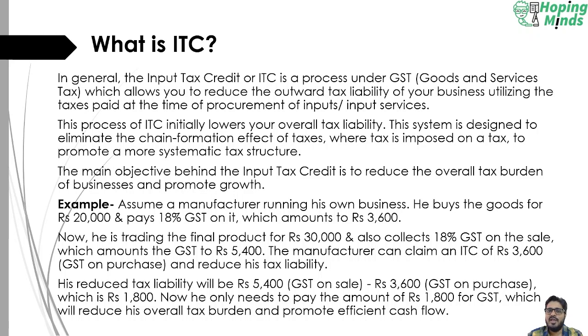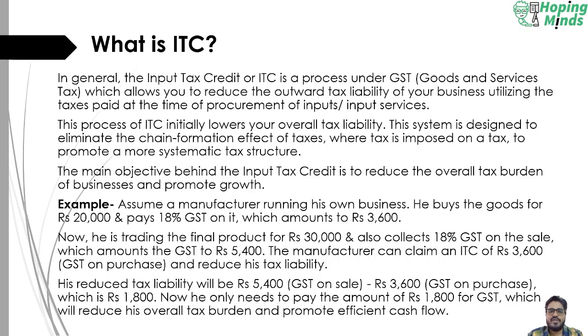Say if I have paid rupees 2000 at the time of purchase and I have collected rupees 3000 from the customers as GST, then I will have to pay a net of rupees 1000, that is the difference of taxes to be paid on outward liability and taxes that I have already paid on the inputs.